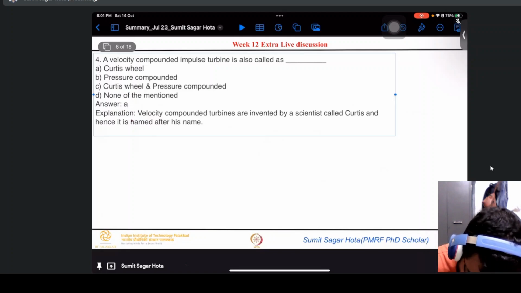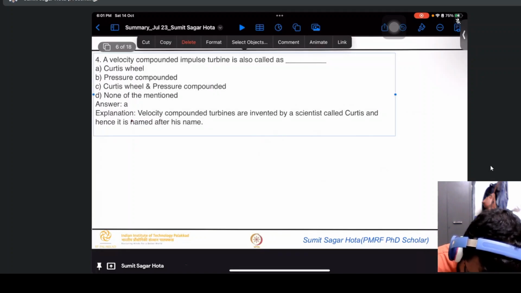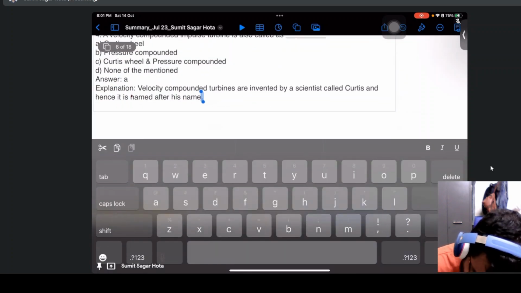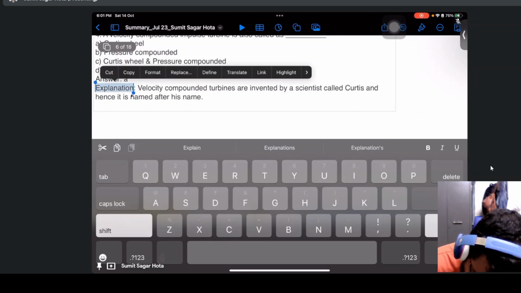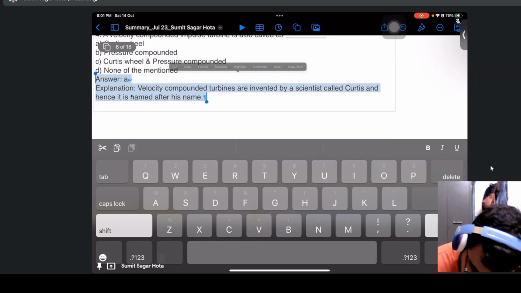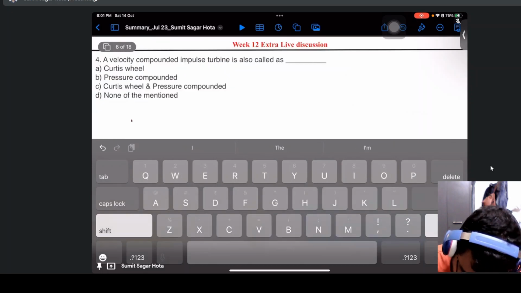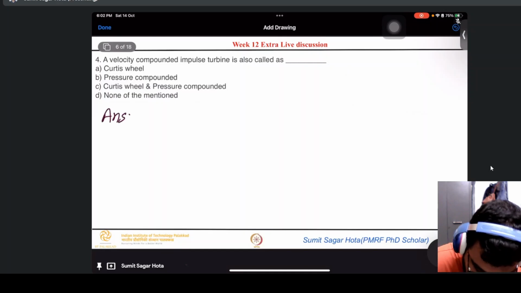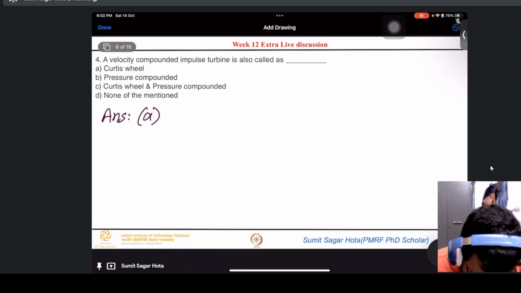I can remove it and write it down here in my handwriting, since I prefer to write in my own hand. So the answer is A, Curtis wheel.